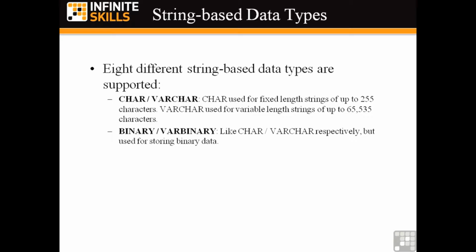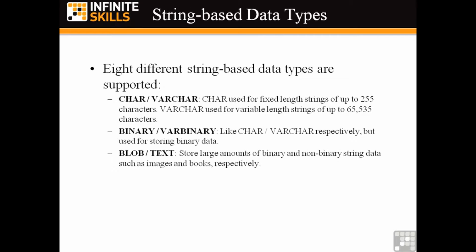However, we are talking about binary strings, and the maximum lengths are represented in bytes. You would use these, of course, to store rather small bits of binary data. In my experience, frankly, binary and varbinary data types aren't used particularly much. Rather, their much larger siblings are used quite a bit, which I'll talk about next.